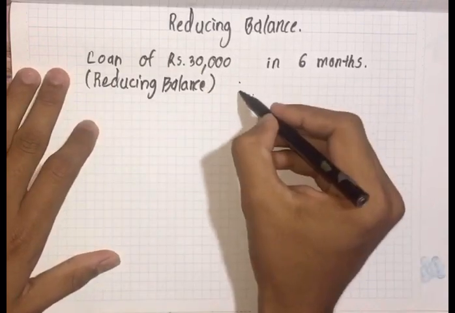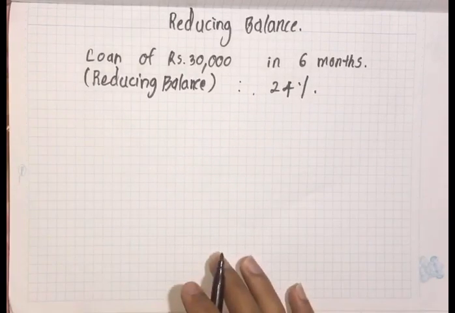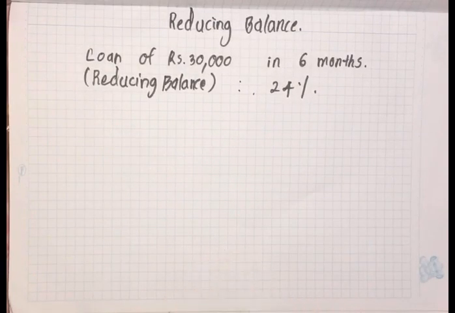Also their annual rate is 24%. Now you have to find how much is a monthly installment. That is, for a month with the interest, how much should you pay to the bank? Okay, this is the way of doing.